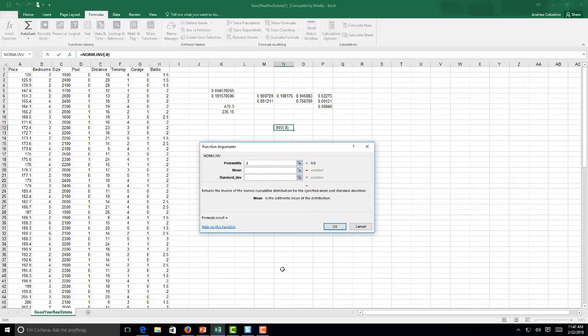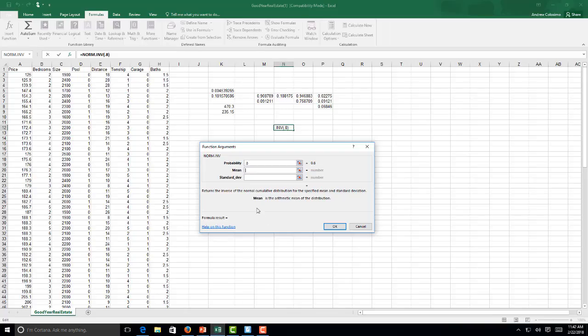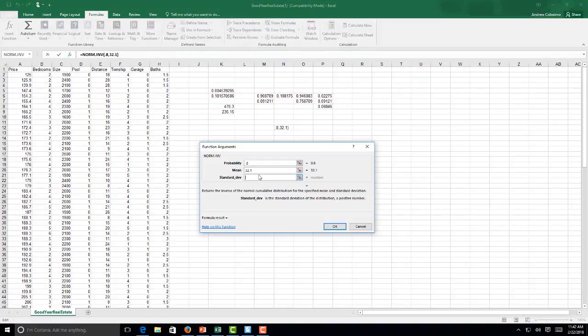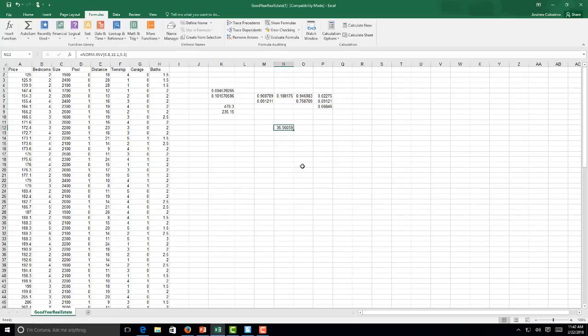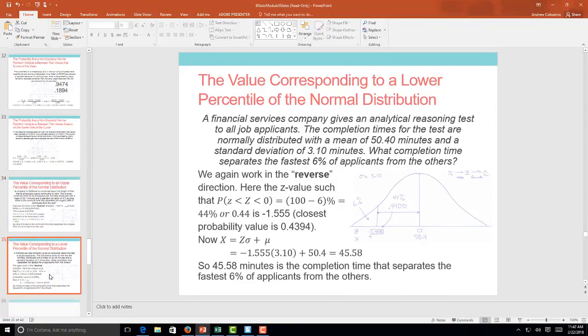The mean was 32.1 minutes, and the standard deviation is 5.3. We hit OK, and we have a rounded 36.6 minutes as our answer. 36.6 minutes is the commute time that separates the longest 20% of commutes.